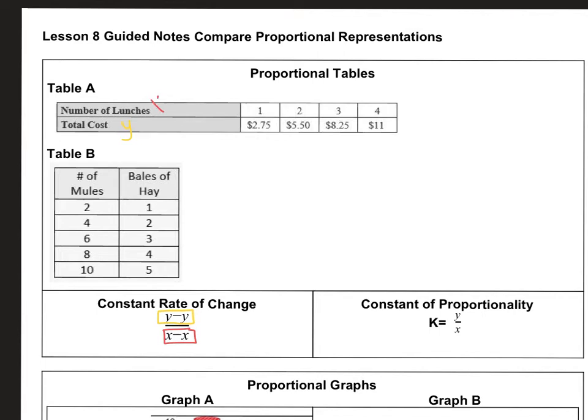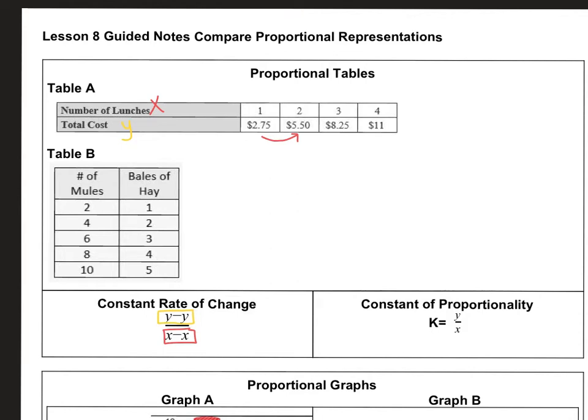If I think about our constant rate of change here, looking at proportional tables, I know that if I want to see what the constant rate of change is, I'm going to find the difference, the change in y over the change in x.